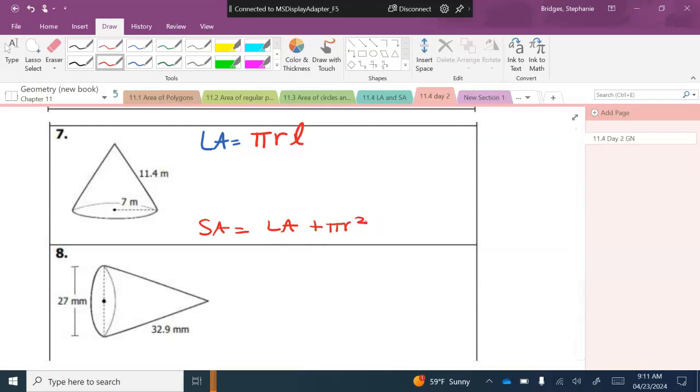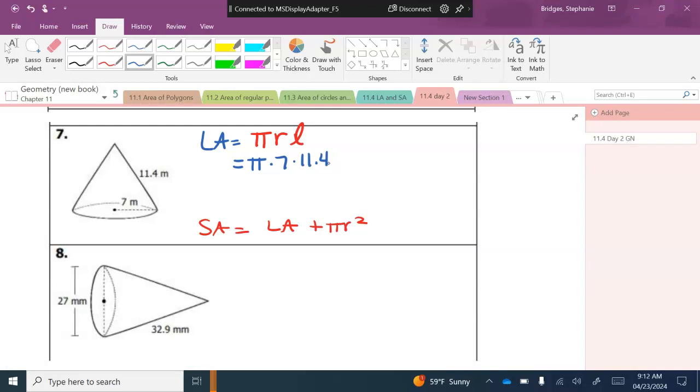Okay, so in my picture, lateral area plus pi r squared. What's my radius? 7. Okay, so we're going to plug this in. We're going to go pi times 7. What's my slant height? And remember, we want to leave the pi symbol. So in your calculator, just multiply 7 times 11.4.